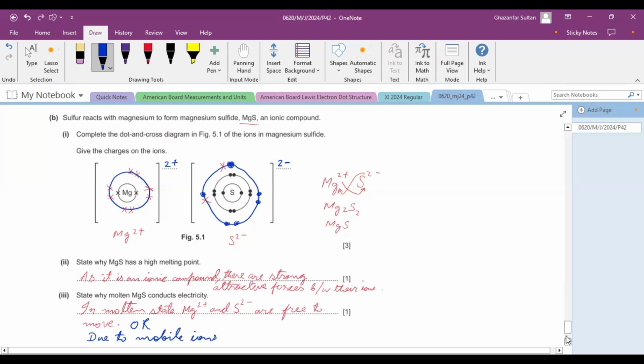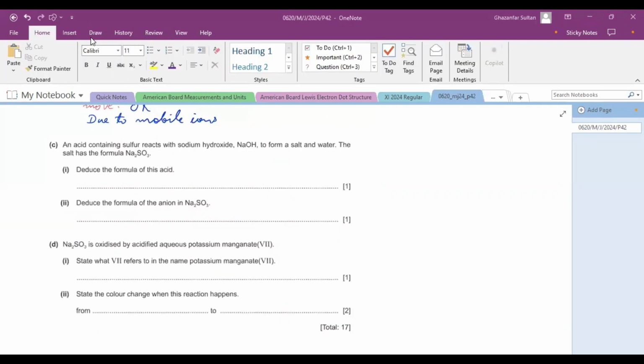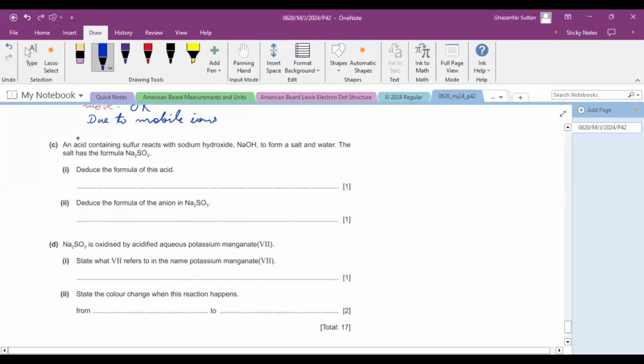both the answers are correct. Now this is part C of question number 5. An acid containing sulfur reacts with sodium hydroxide to form salt and water. The salt has the formula Na2SO3. So we know that in an acid-base reaction, the negative part from an acid and the positive part from a base form a salt.